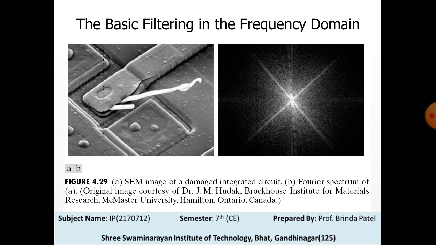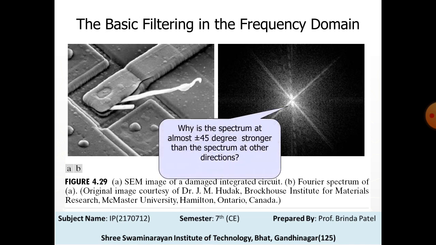Aside from the interesting construction of the device itself, we note two principal features: strong edges that run approximately at plus or minus 45 degrees, and the Fourier spectrum, which is in figure B, shows the approximate components along the 45-degree directions, corresponding to the edges.